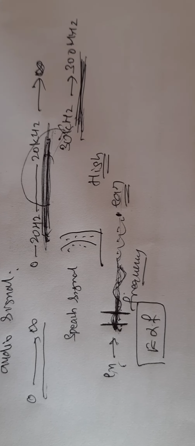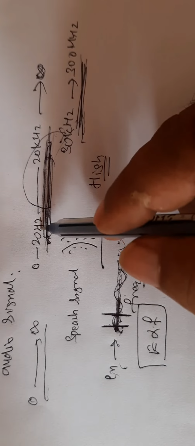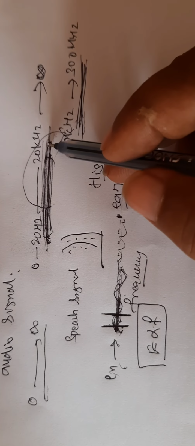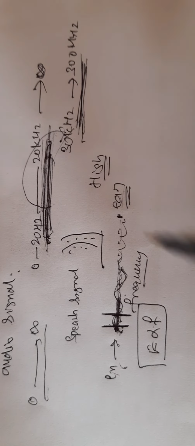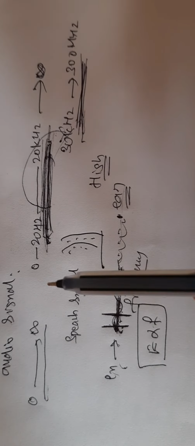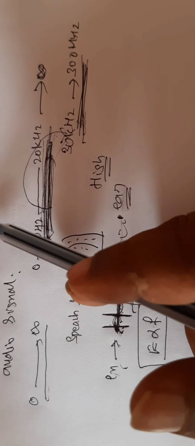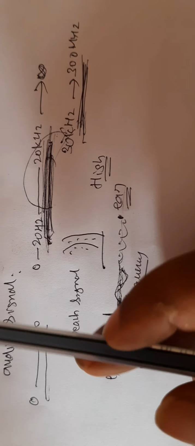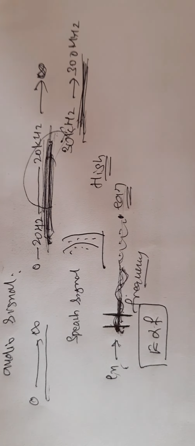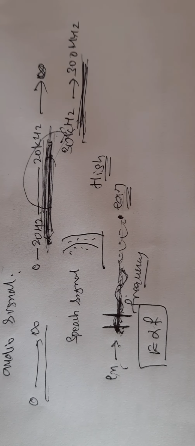The transmitted signal cannot be heard because the resultant frequency is high, but it contains our message signal from 20 hertz to 20 kilohertz. So communication means the process of transmitting the low frequency message signal from one place to another place by means of a high frequency signal.